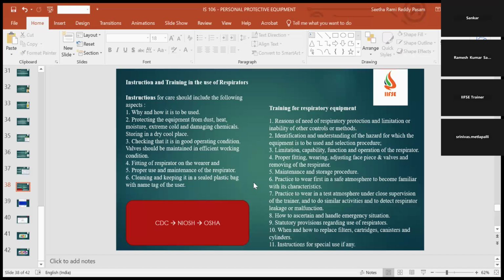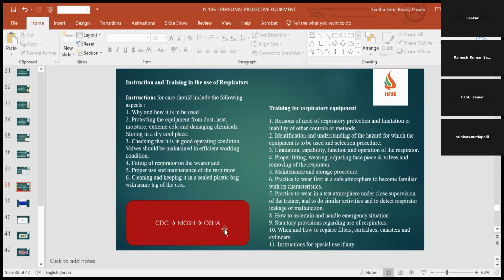NIOSH certified mask. So when I say CDC, it is the Centers for Disease Control. Under this CDC, NIOSH is working, the National Institute for Occupational Safety and Health. It is a basic research organization where they do research about various safety related topics and methodologies, etc. And this NIOSH also certifies the PPEs. They will have their marking on the different types of PPEs.